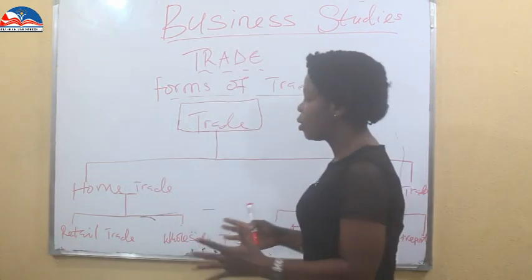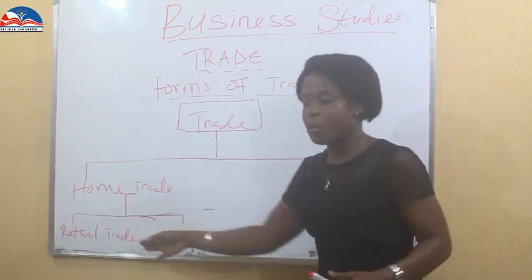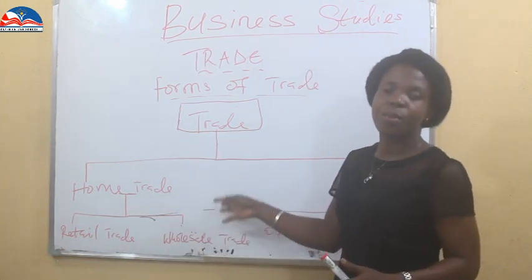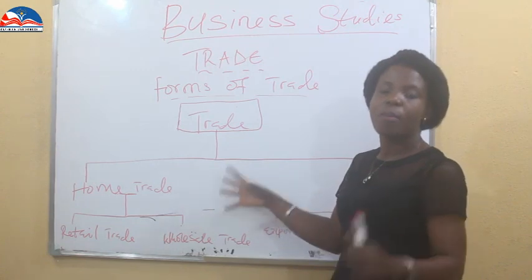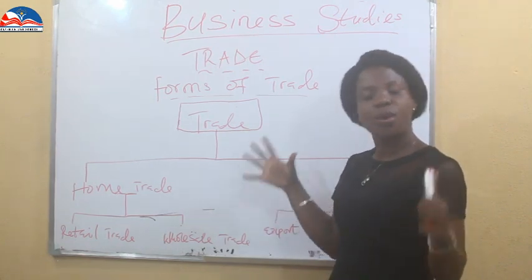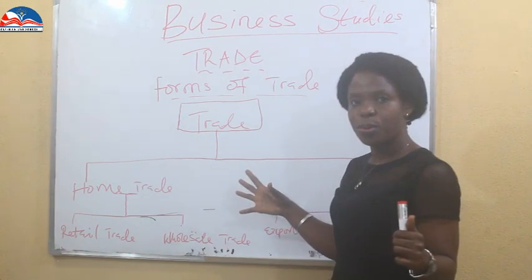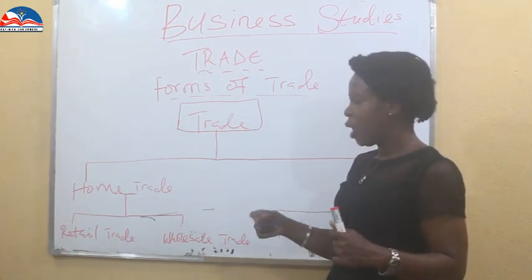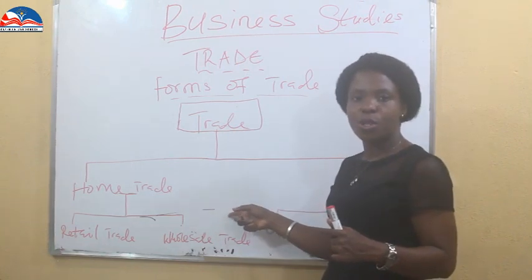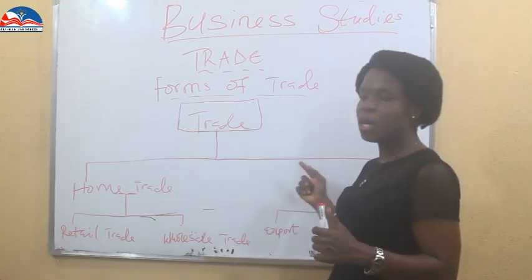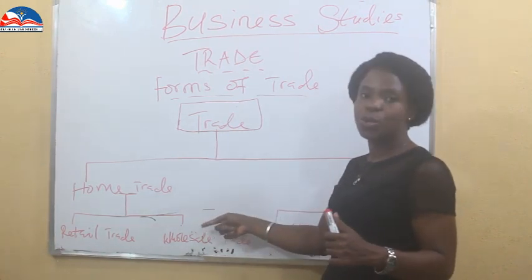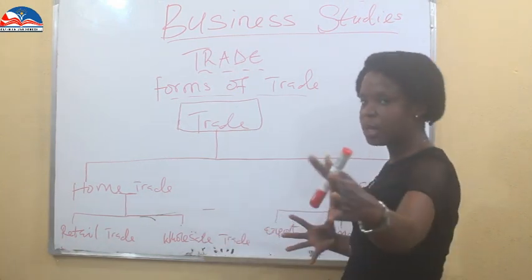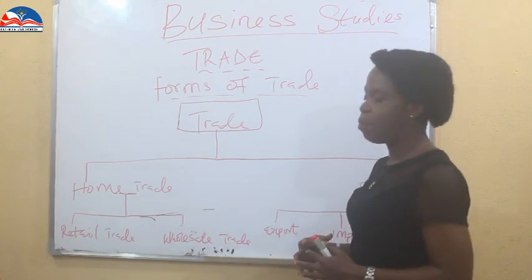Now, under home trade, we have the retail trade and we have the wholesale trade. The wholesaler buys from the manufacturer in bulk, as much quantity as possible, and then stocks. In our chains of production, we'll find out sometimes the consumer comes directly to the wholesaler or the retailer comes directly. When we get to that point, you will understand the chain I am talking about.